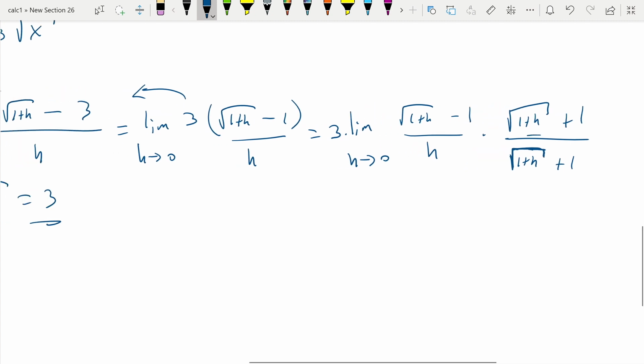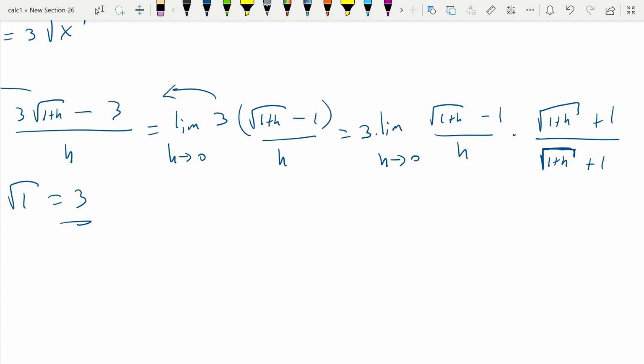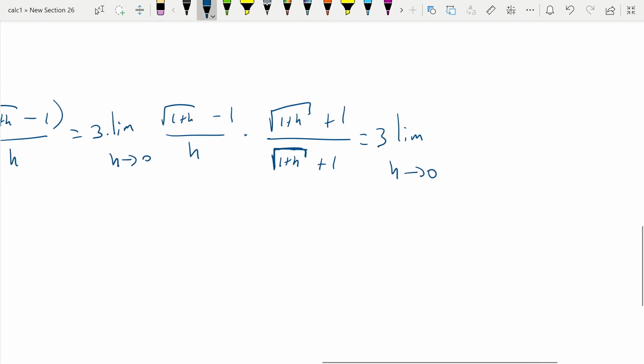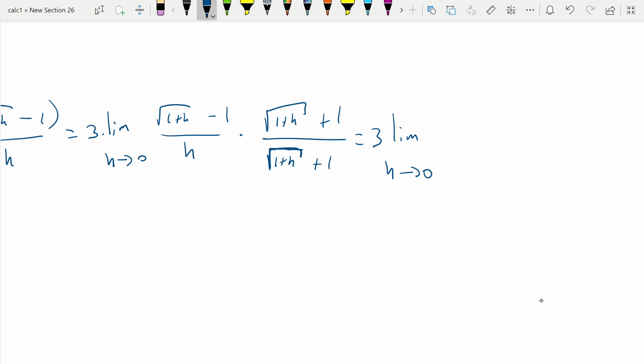Okay. And what we end up with on the top is what's inside the square root squared, so 1 plus h minus 1, all that divided by h times the square root of 1 plus h plus 1.